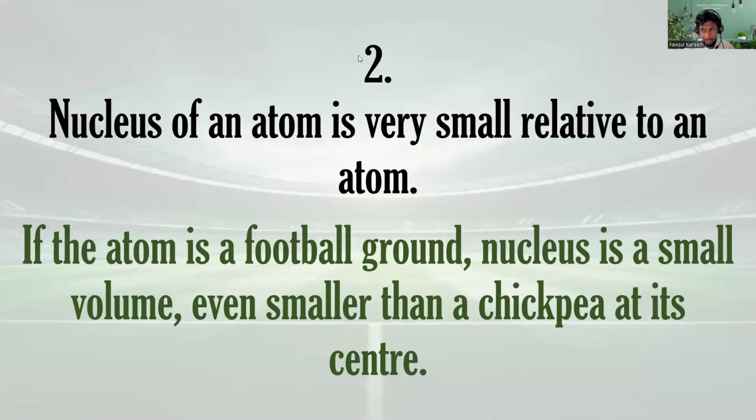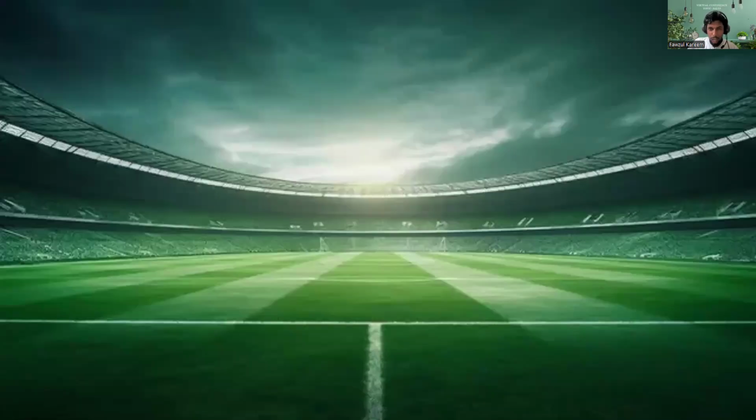Now the second point, already said, a very small area. They are comparing it like this. Say we have a football ground, and there is a small chickpea. Can you see the chickpea in the ground? No, right?